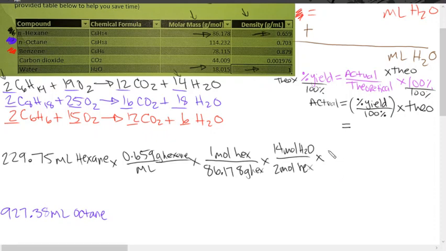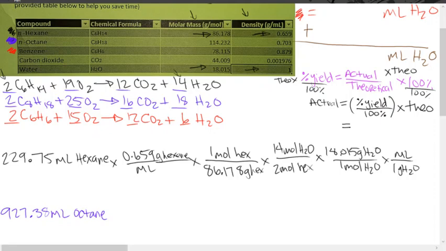Started writing that in the wrong place. 18.015 grams of H2O in 1 mole of H2O times, and then like I said, it's just a 1. So 1 gram of H2O gives us a milliliter of H2O.